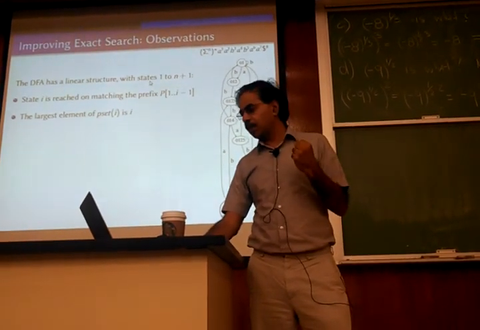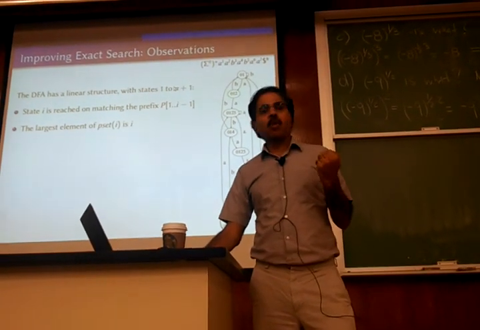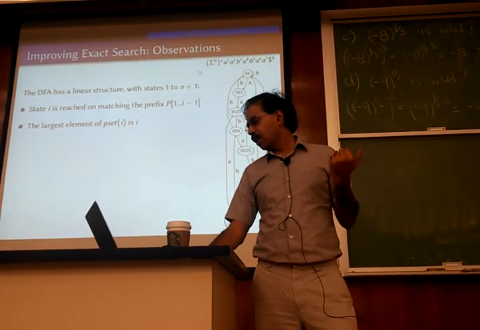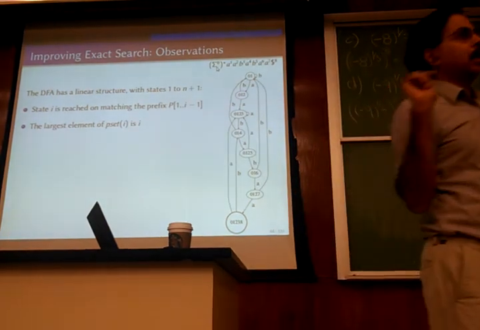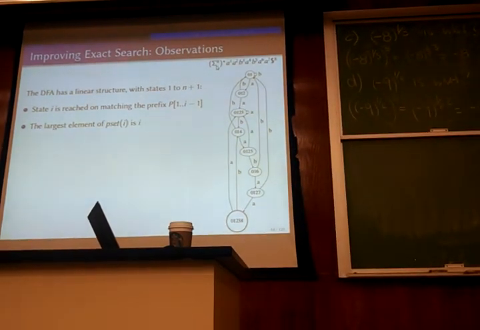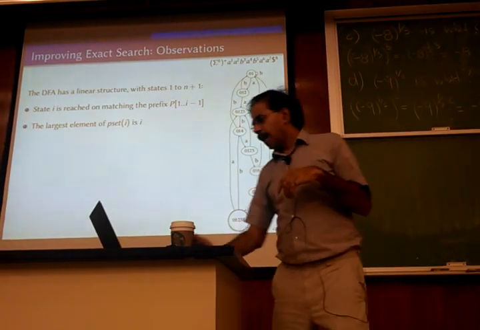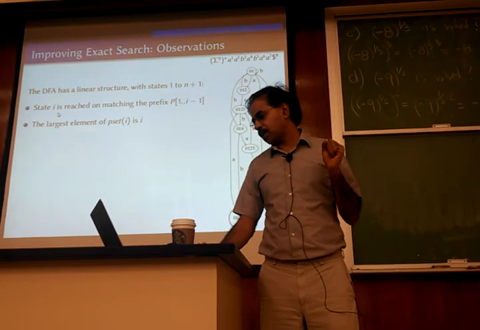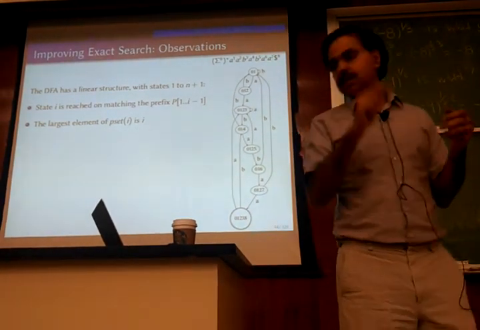So let's say something a little bit more specific. Let's number these states from 1 to n plus 1, right? So obviously we have n plus 1 positions here, starting from 0, going all the way to n. So n plus 1 positions, so there will be n plus 1 states. And the state I is reached on matching a prefix P of 1 to I minus 1, right? Again, very simple.